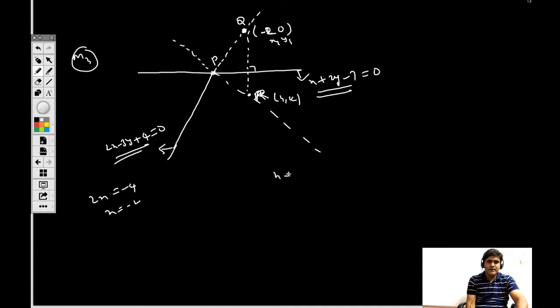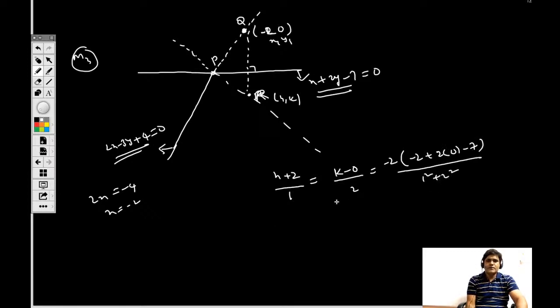Therefore, (h minus x1) by a, where a is 1, the coefficient of x, and (k minus 0) by b, where b is 2, equals minus 2 times (minus 2 plus 2 into 0 minus 7) by (a square plus b square), that is 1 square plus 2 square. With the help of this you calculate h comma k.